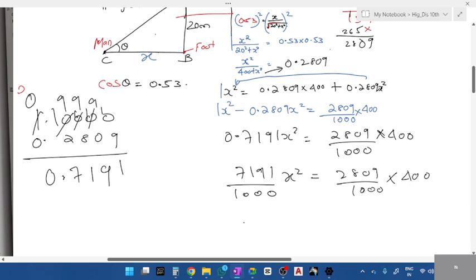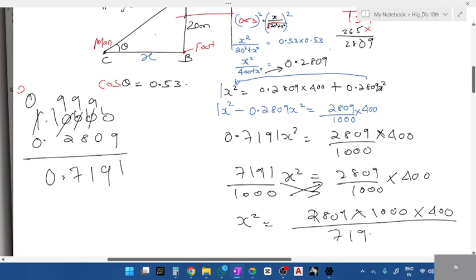We need x square. First we'll find x square. x square is equal to, this gets cross multiplied, so 2809 into 1000 into 400 divided by 7191 into 1000. Which one gets cancelled? 1000 and 1000 get cancelled. And then you have to reduce this 2809.